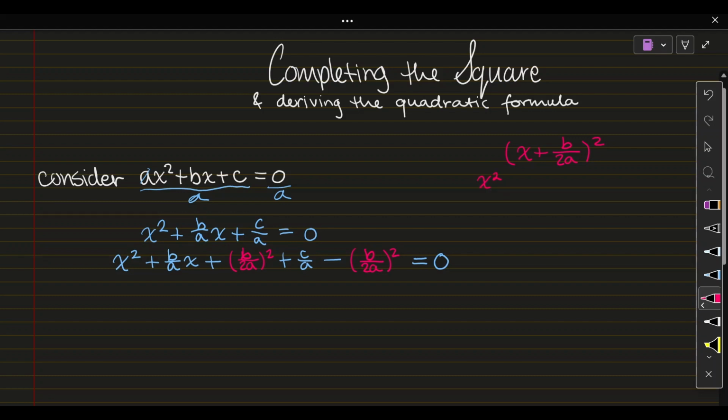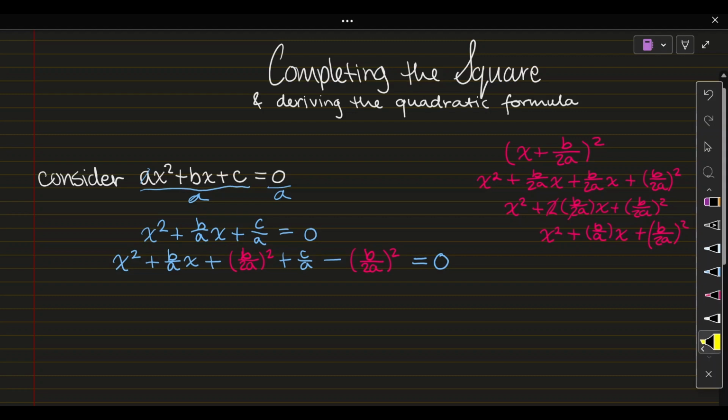So this is x squared plus 2 times b over 2a x plus b over 2a squared. This 2 will cancel with this 2, and I'm left with x squared plus b over a times x plus b over 2a all squared.